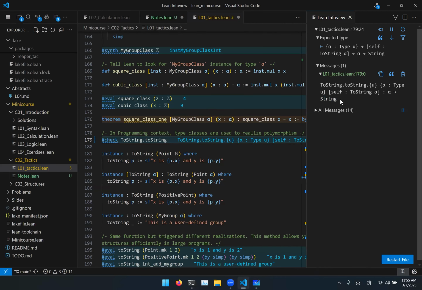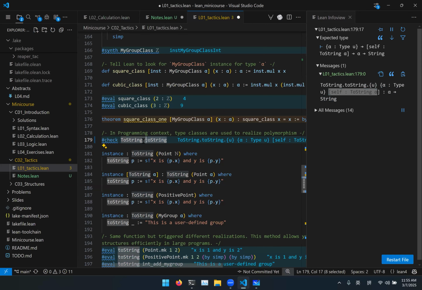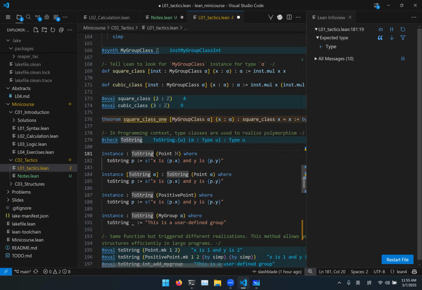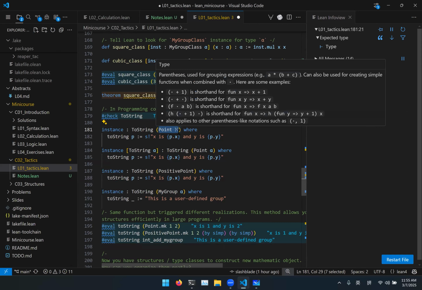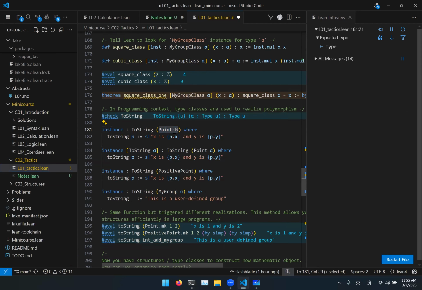However, if you want to use this function, you need to have a toString type class. For all the classes we mentioned before, we can give a realization of this toString instance.